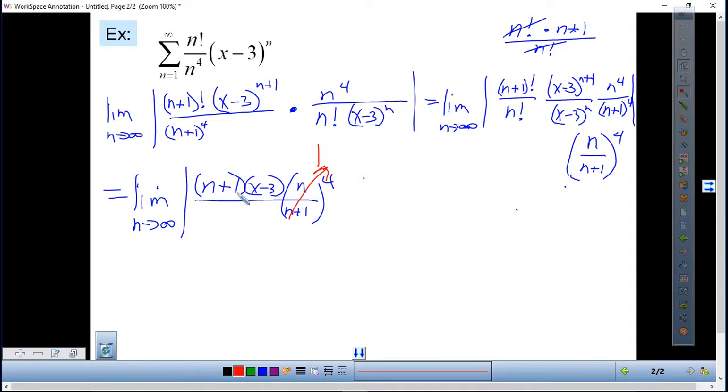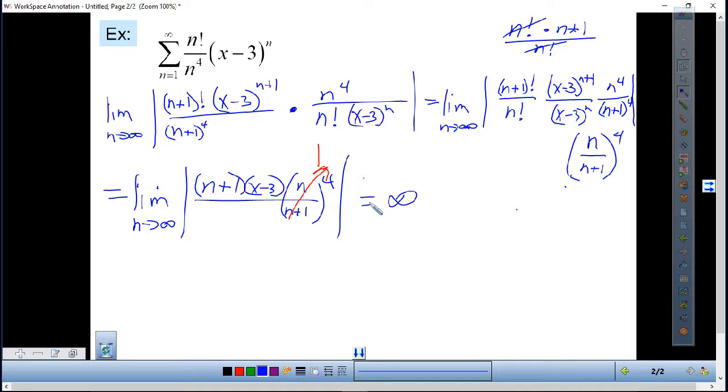That means this thing is going to go to infinity. Since this isn't approaching some simplified value that we can set the x minus 3 expression less than 1, this series is not going to have an interval of convergence.